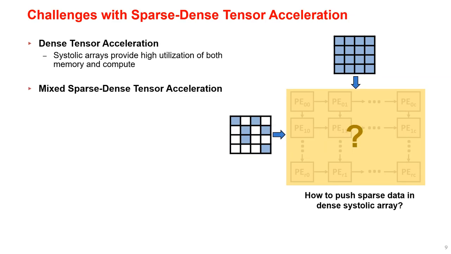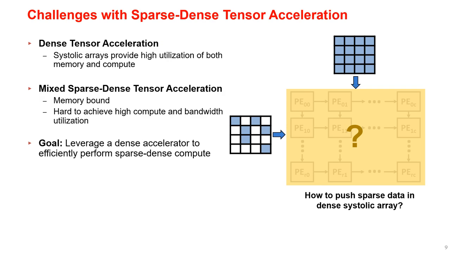However, mixed sparse-dense tensor kernels cannot be efficiently mapped to these dense systolic arrays. Further, these kernels are memory bound, and it is very hard to achieve high compute and memory bandwidth utilization. Thus, the goal of this project is to design a regular accelerator which can also be efficient for mixed sparse-dense tensor kernels.